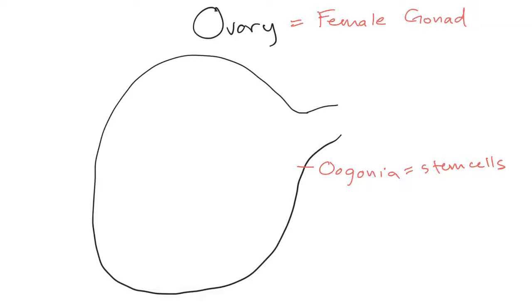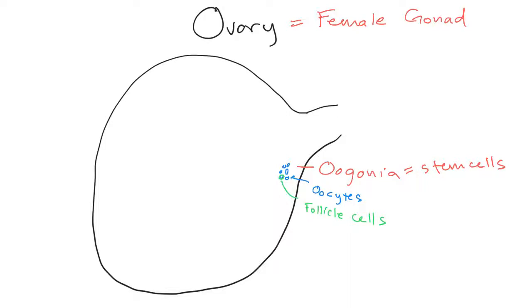Then they develop into oocytes, and they are surrounded by follicle cells.